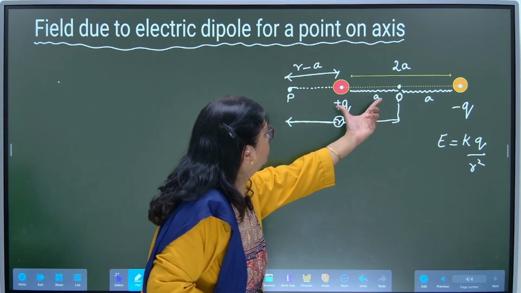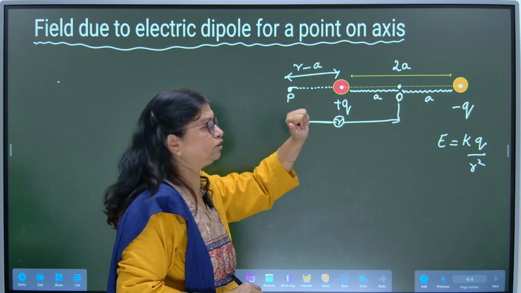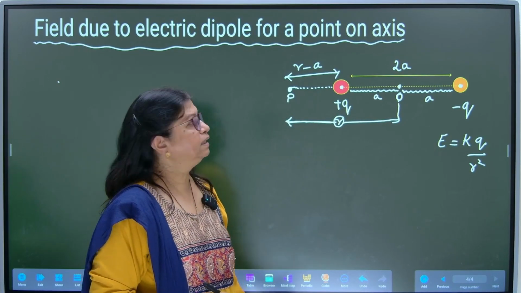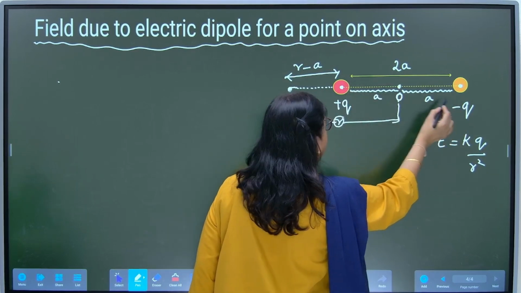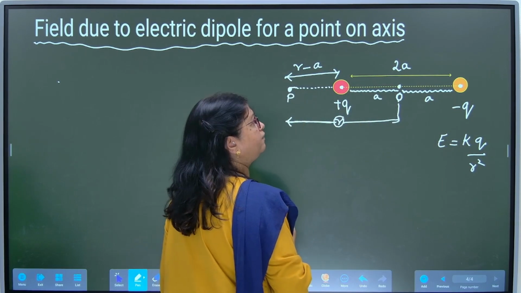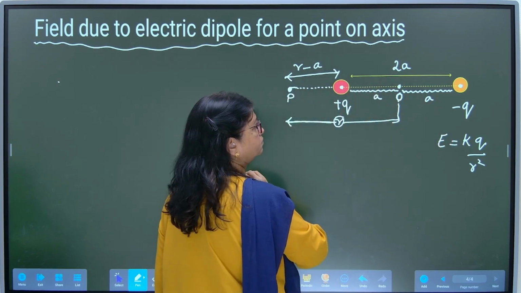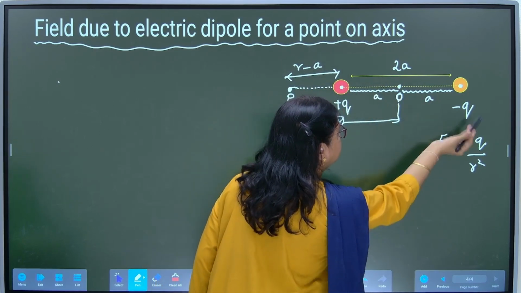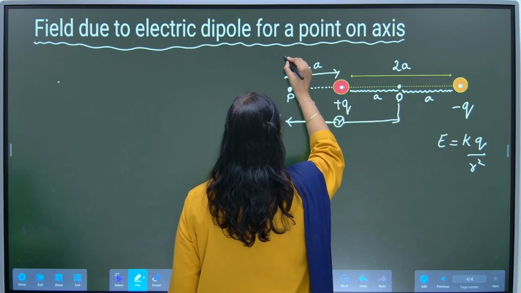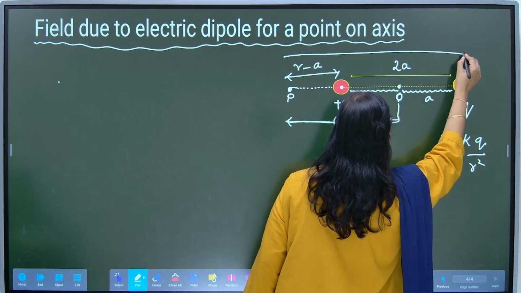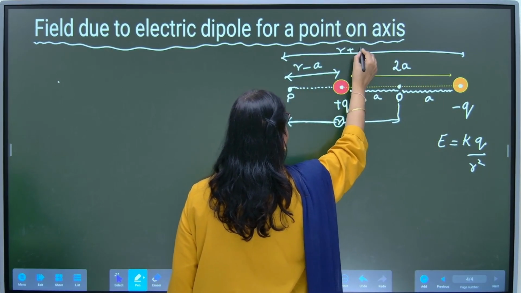R minus A will give me the distance between the point P and plus Q. Correct? Similarly, the distance between this negative charge and P, what can we say? It will be R plus A. Okay? So, distance between this negative charge and the point P will be R plus A.